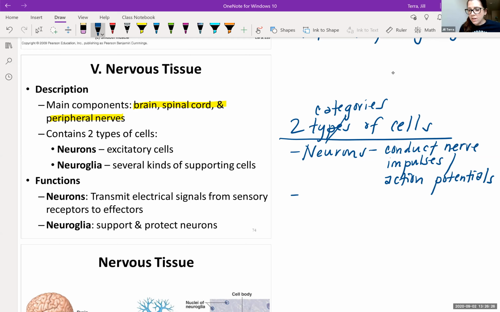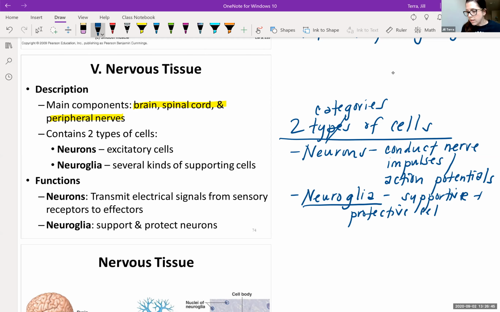And then there are all the support cells, and there's several different types. They're all gonna get lumped together in one category called neuroglia. And these are supportive and protective cells that do not conduct any nerve impulses or action potentials.